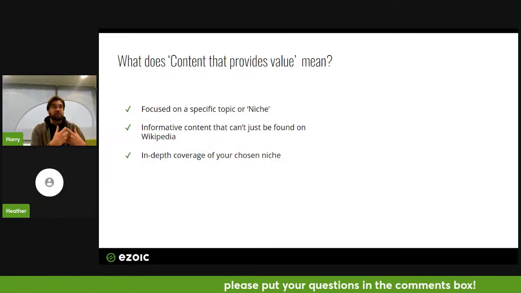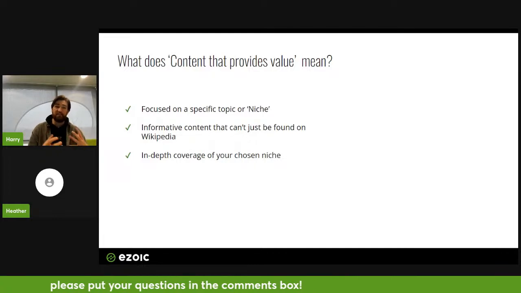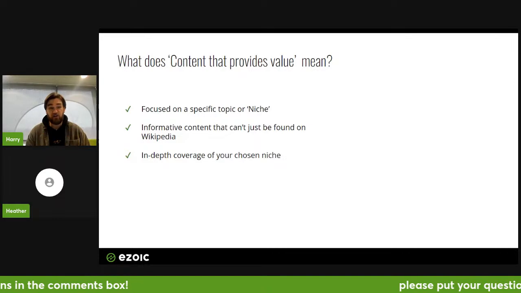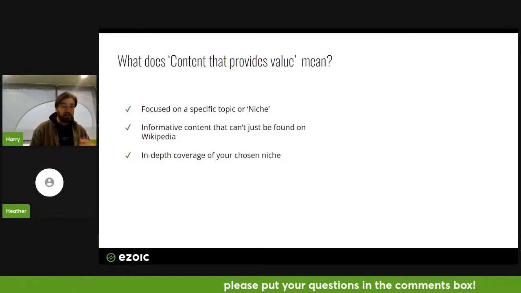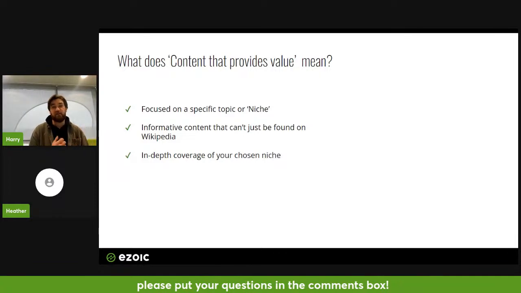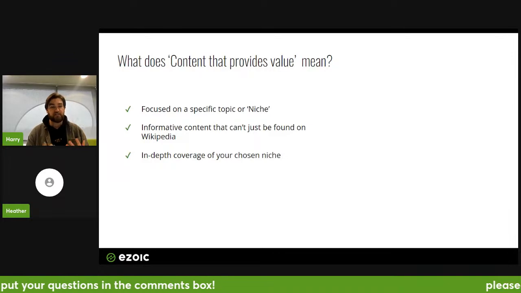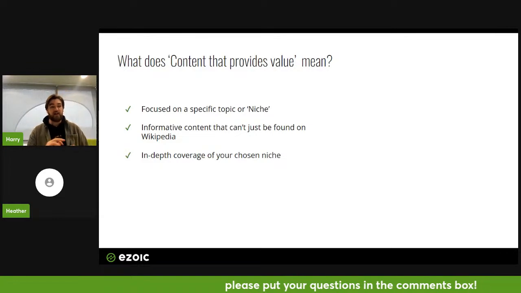The main thing I tend to see about this is that when Google are looking for valuable content, they're looking for content that's on a specific topic or niche, that's in depth and provides expert information, advice, and knowledge. So the big thing to focus on is ensuring that you stick to the niche that you've selected.